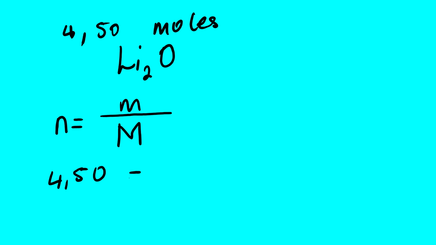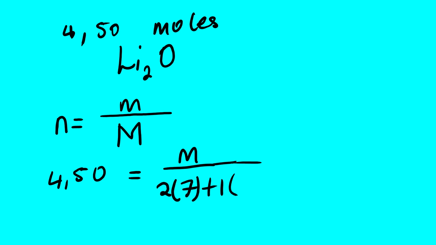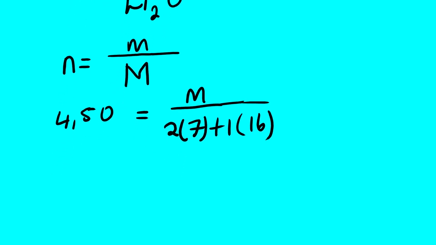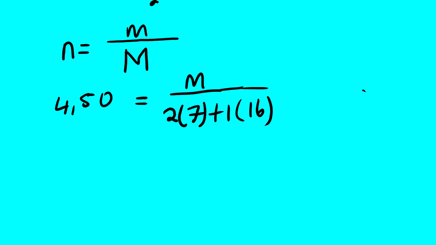4.50. It's equal to m over M, and we have 2 atoms of lithium. The molar mass of lithium is 7, plus 1 atom of oxygen. The molar mass is 16. And then from there we cross multiply. We are going to have m is equal to 4.50.